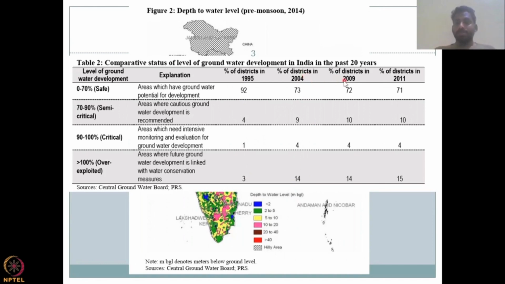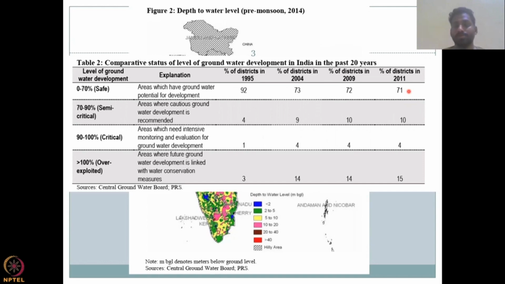Fast forward another 5 years, your numbers don't change much, except you lost one more percentage of your safe aquifers, and then another 2 years on, you are continuously losing your percentage of districts that are safe. If the safe converts to semi-critical or critical, at least there is some hope that you could conserve the groundwater.